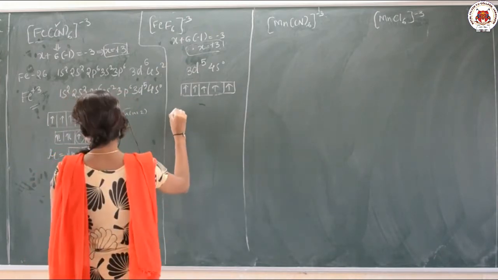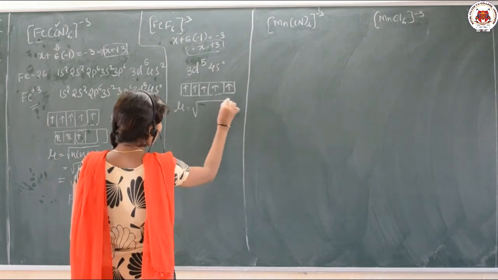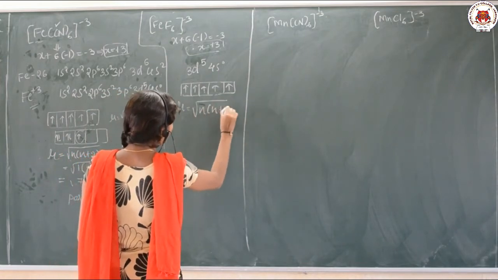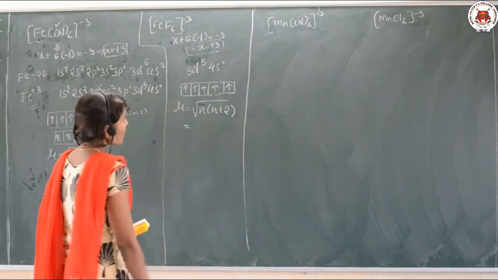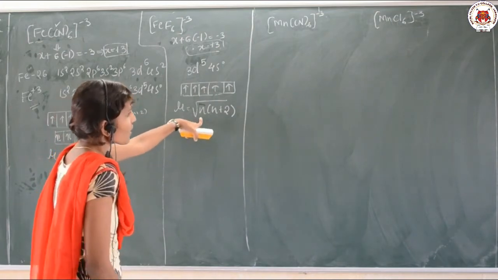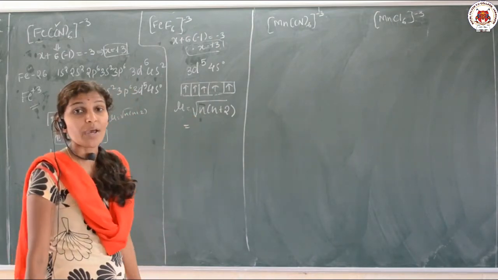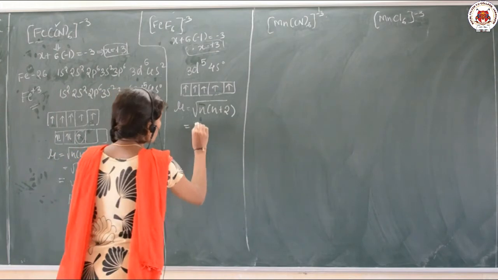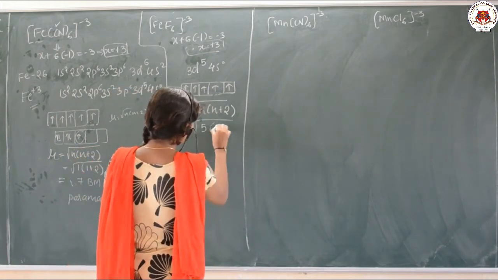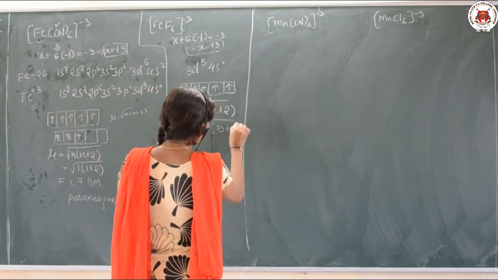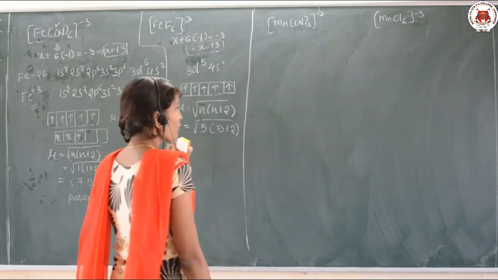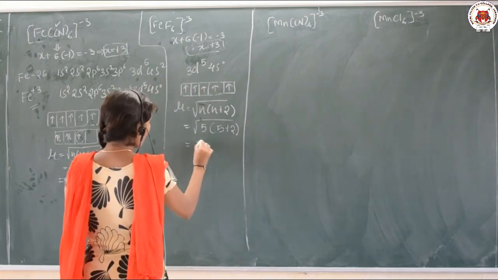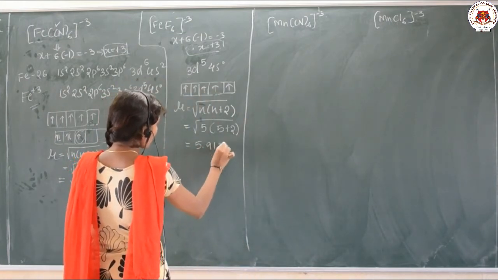So the value of mu is equal to square root of n into n plus 2. What is n? n is nothing but the number of unpaired electrons. So square root of 5 into 5 plus 2. If you calculate this, it will be around 5.91 Bohr magneton.